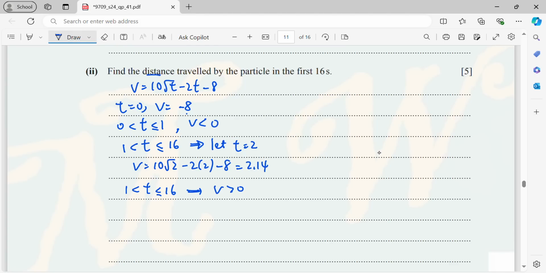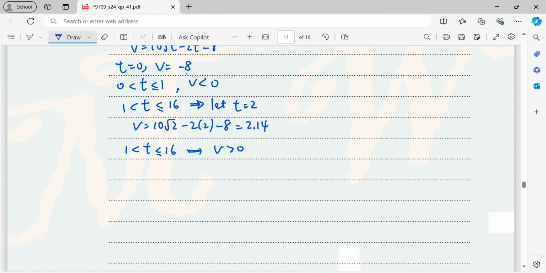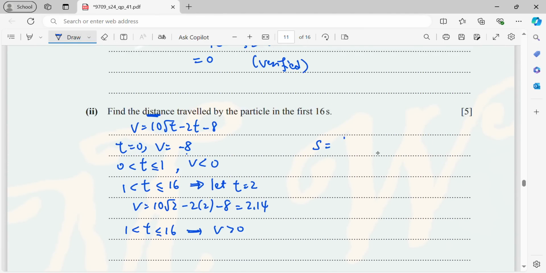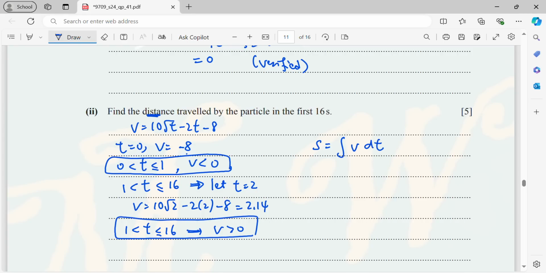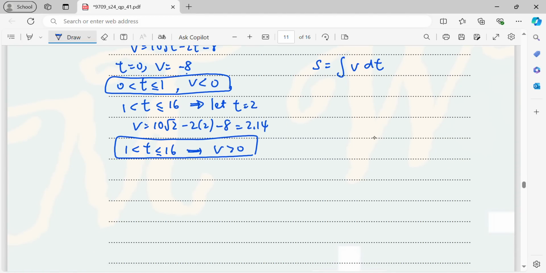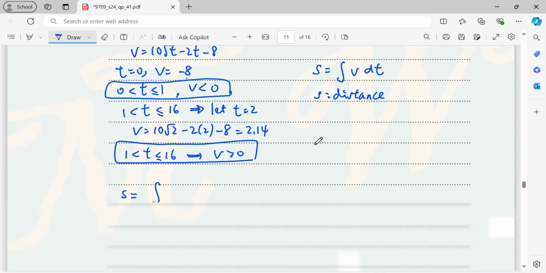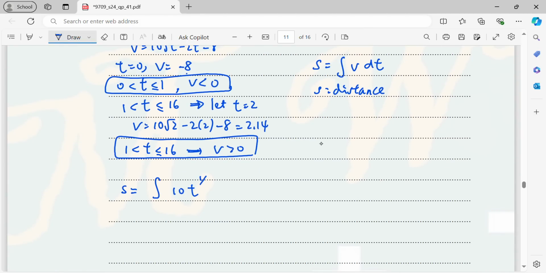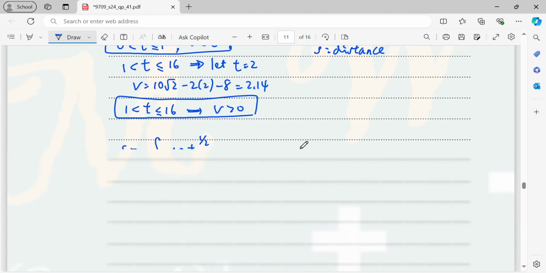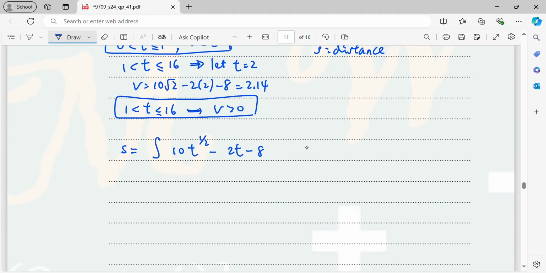So when negative, to get the distance, you have to integrate. So we know that distance S equals integrate v dt. But because it is negative here, when you find the distance, you have to do the integration separately. So what I do here is I will write S equals distance, and S equals integrate v dt. So now my S equals integrate, v is 10 square root t, so 10 t to the power half, minus 2t minus 8, then dt.